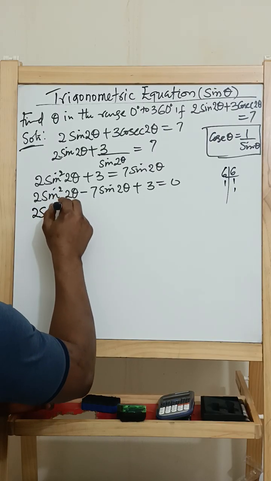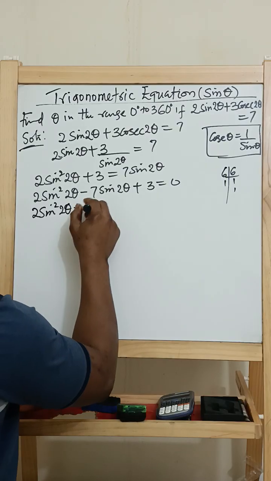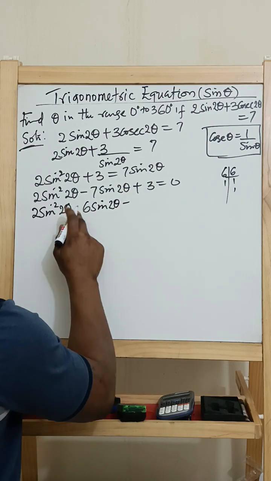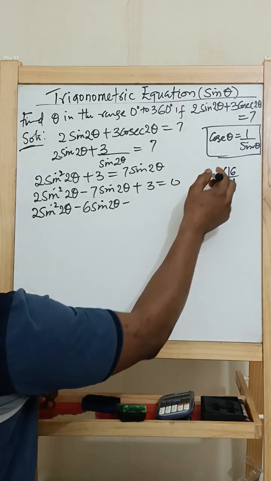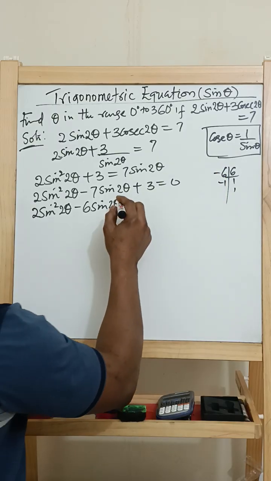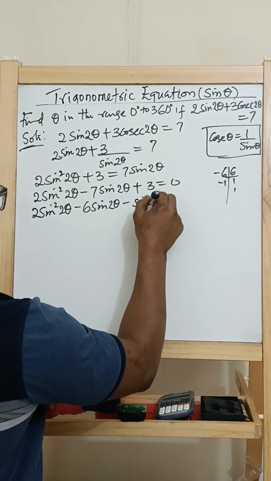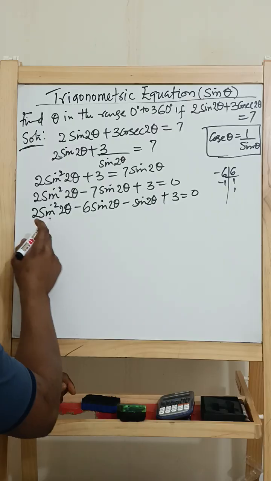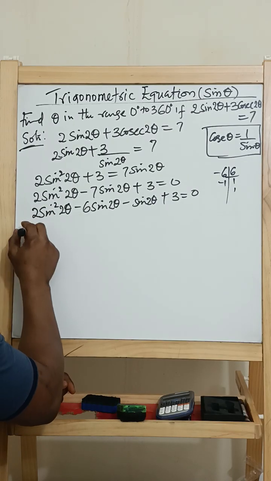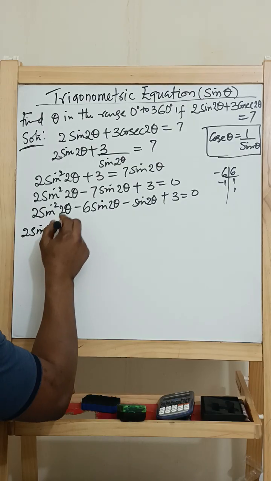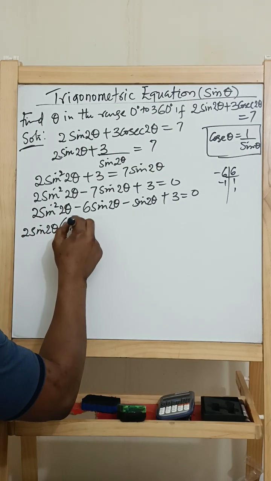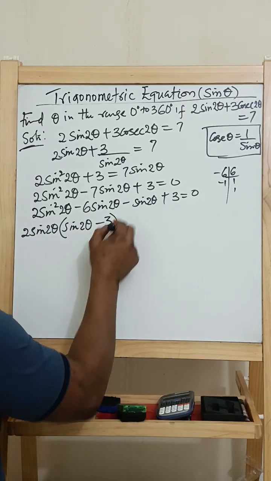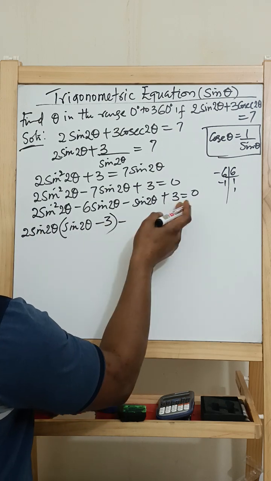2 sine squared 2 theta plus 6 sine 2 theta, then minus sine 2 theta plus 3 equals 0, since minus 6 minus 1 is minus 7. Now 2 is common and sine 2 theta is common, so 2 sine 2 theta, and what is left here is sine 2 theta minus 3.